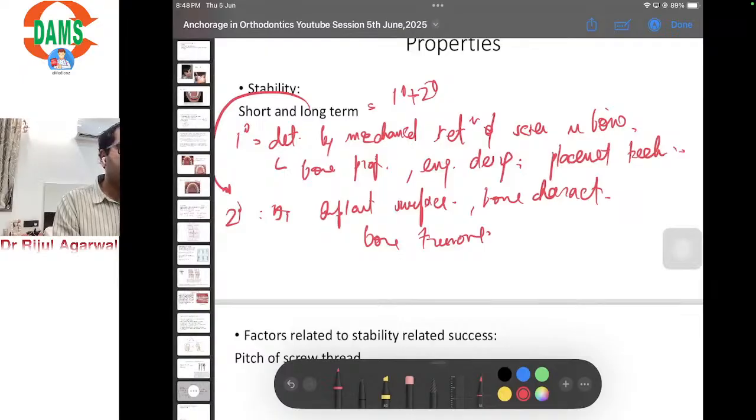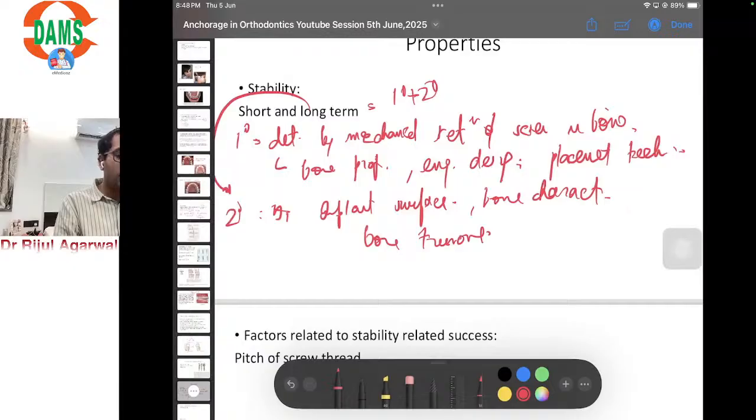For success of our implants, it is important to minimize the micro movement of the implant which occurs during the initial few days. That's why the loading of a TAD is not done initially. It is first allowed to get stabilized.